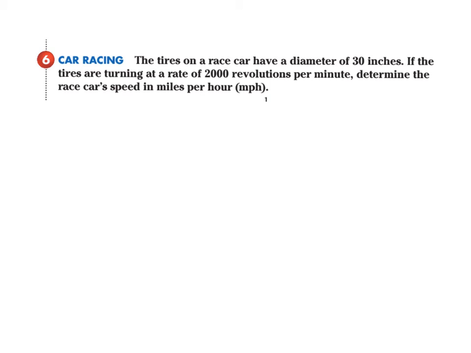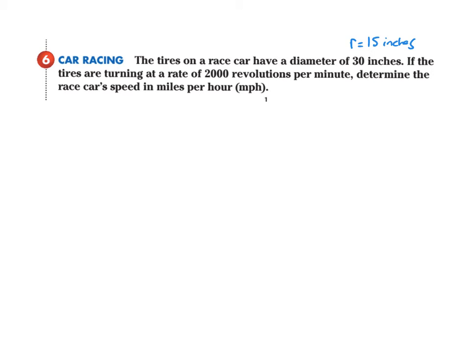Okay, so here's a little lesson in how we figure out miles per hour on your speedometer based on the speed that your wheels are turning. We're told that a race car has tires with a diameter of 30 inches. Now remember, everything we're doing is based on radius, so right away I know that the radius is 15 inches.